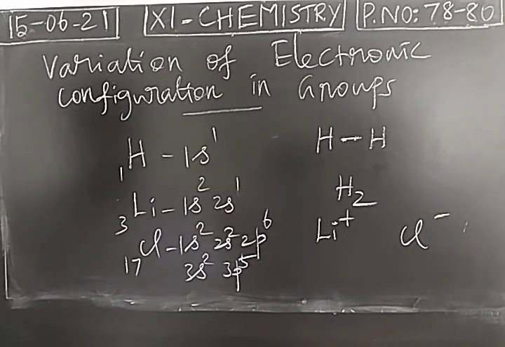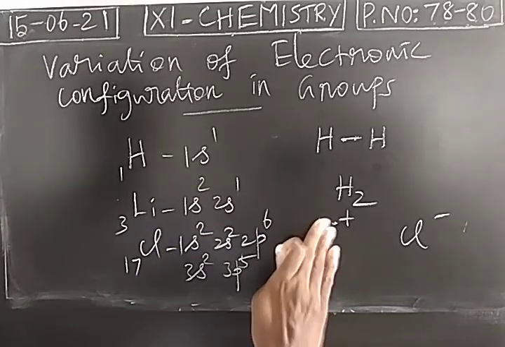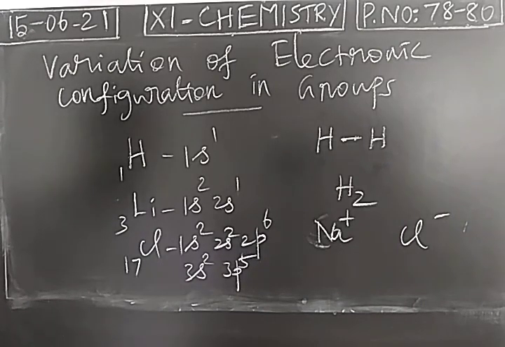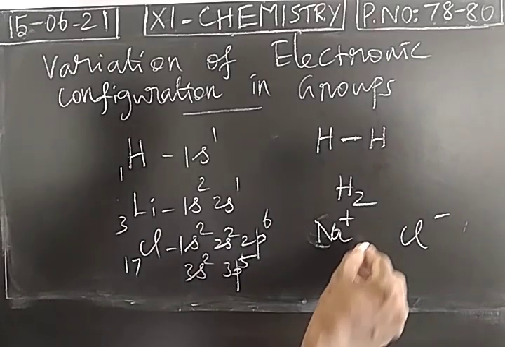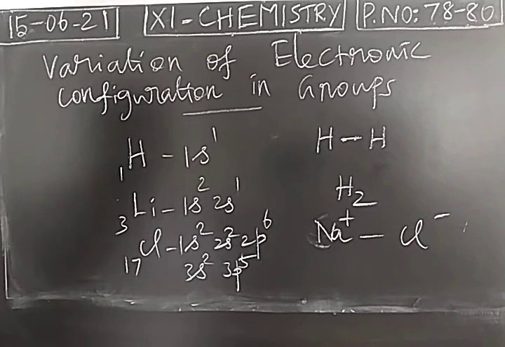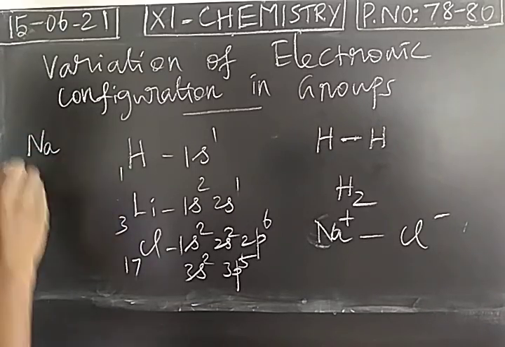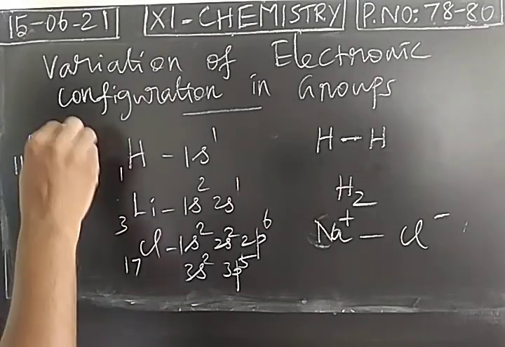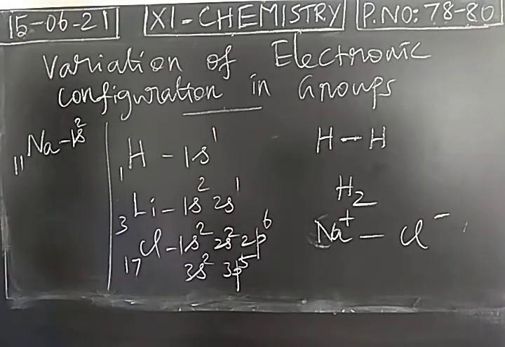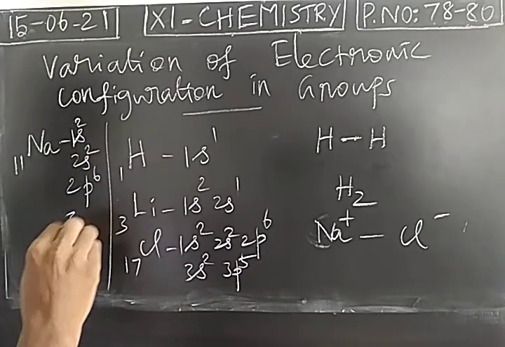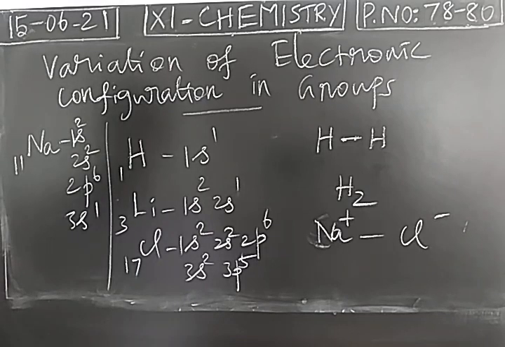So when you take lithium or sodium, they lose an electron to form an ionic bond. So we have sodium with atomic number 11, electronic configuration 1s2, 2s2, 2p6, 3s1.